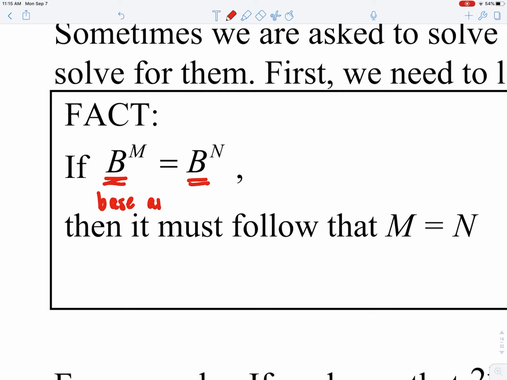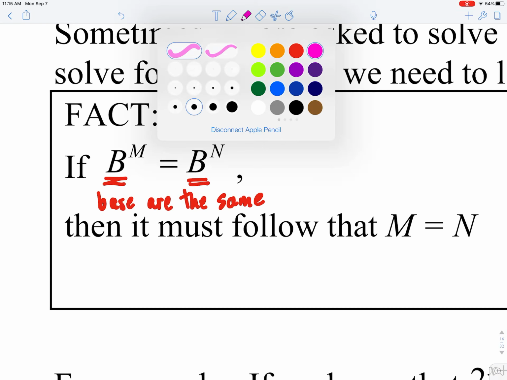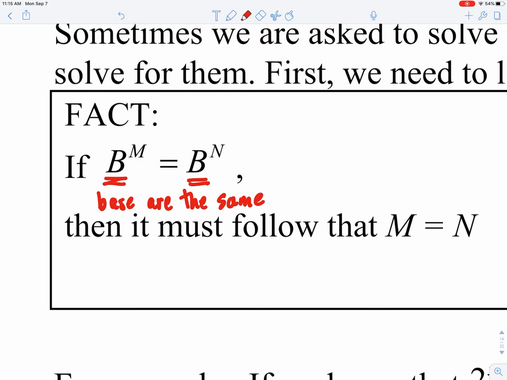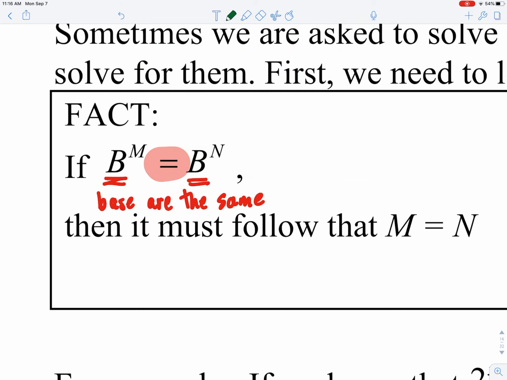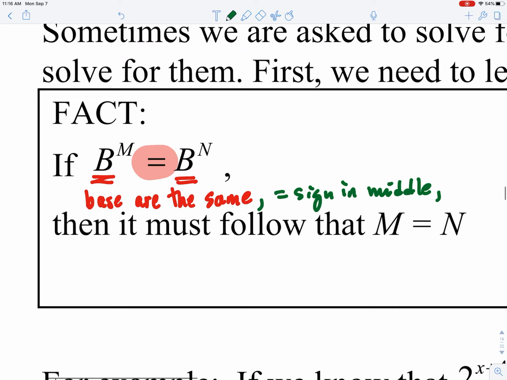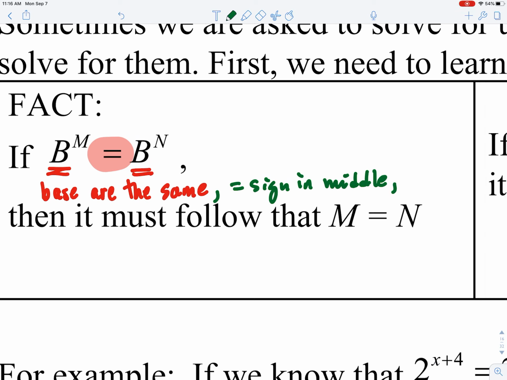If the bases are the same and we've got an equal sign in the middle, and we do, then it means that the exponents must match. Then the exponents are equal.